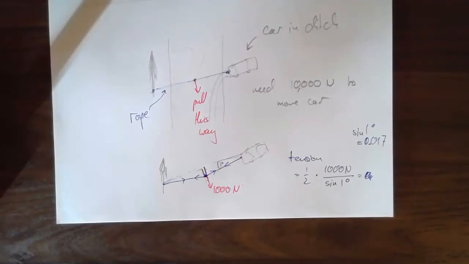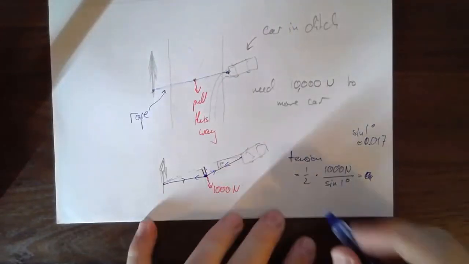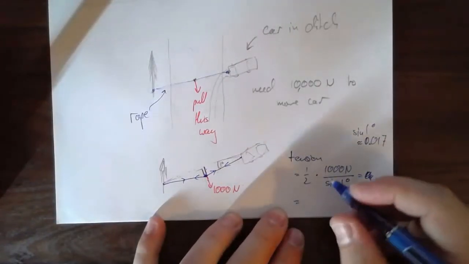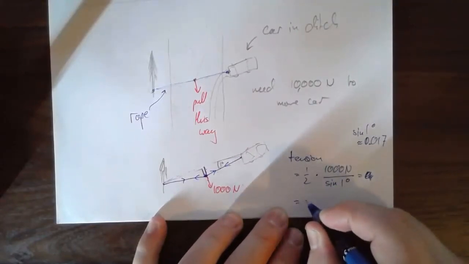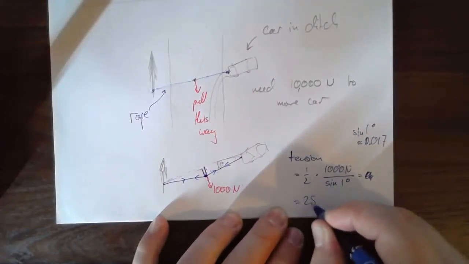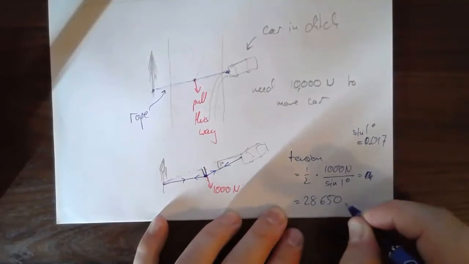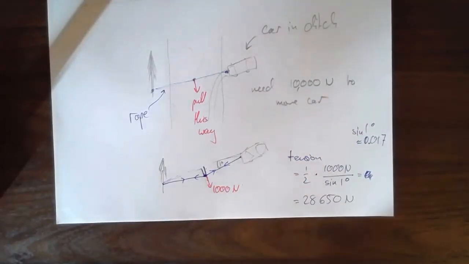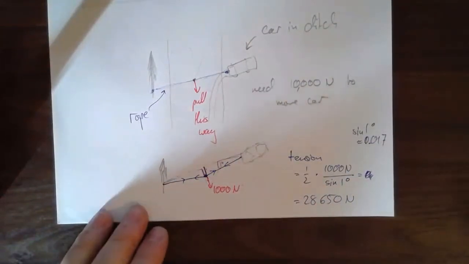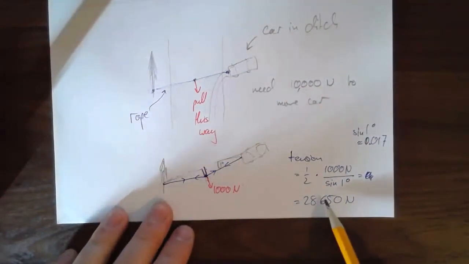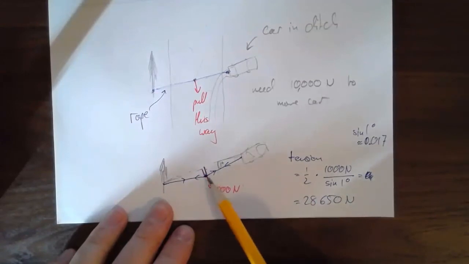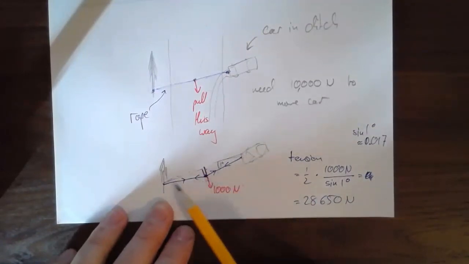So according to my calculation, this makes around 28,650 newtons. Alright, so that is a lot. That is like 28.65 times the force I applied. The tension here is a lot bigger.